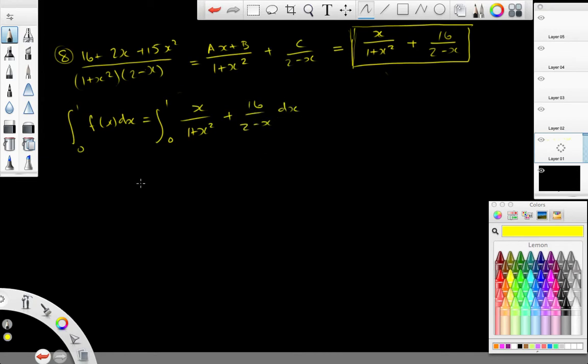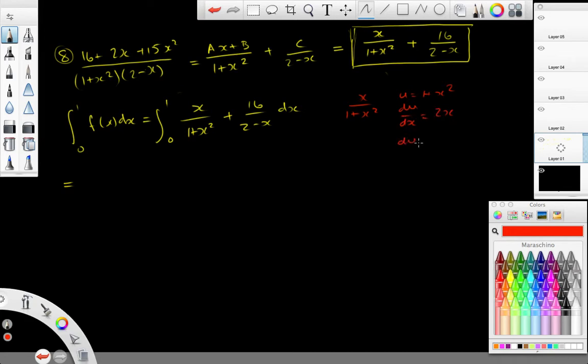Alright, that's equal to, now, in this first term here, let's see. Right, if I have x over 1 plus x squared, if we said u was equal to 1 plus x squared, then du by dx would equal 2x.